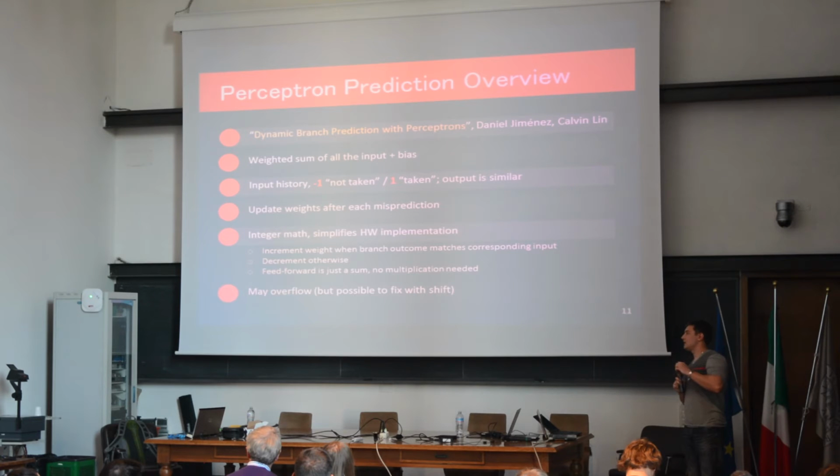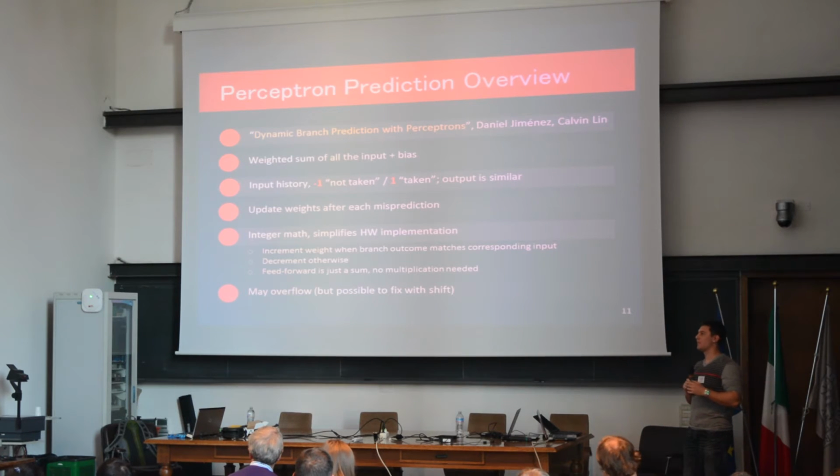And each time the perceptron mispredicts, we try to train it. In case the ground truth is the same as the input for a particular connection, then we increase the weight, otherwise we decrease it. So the intuition here is that this is the correlation between the input branch in the history and the output branch.